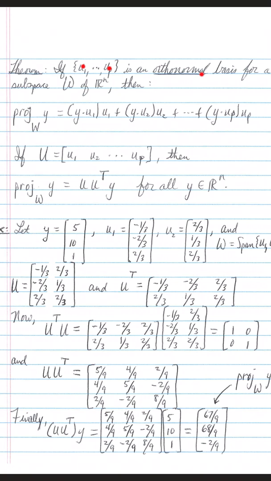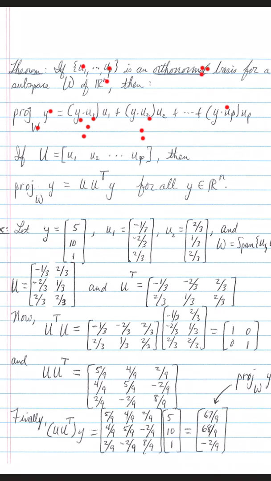So if those p vectors is an orthonormal basis for a subspace W of Rn, then your projection of vector y on subspace W is simplified a little bit because you don't have to mess with that denominator. You don't have to do a u1 dotted with itself, a u2 dotted with itself like we did on the previous example. It's just a single shot. Because the length is 1, all these have a denominator of 1. And that helps out a bunch.